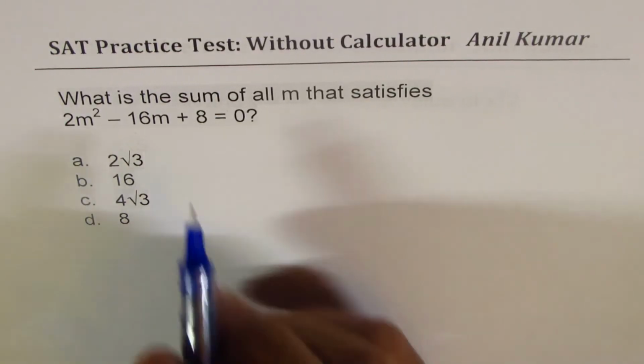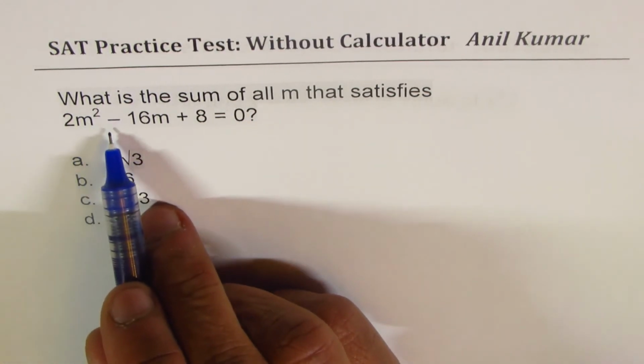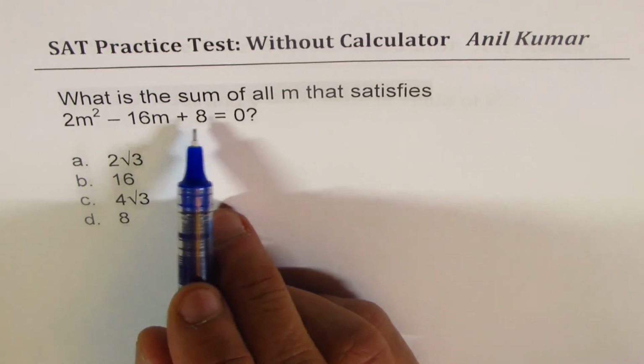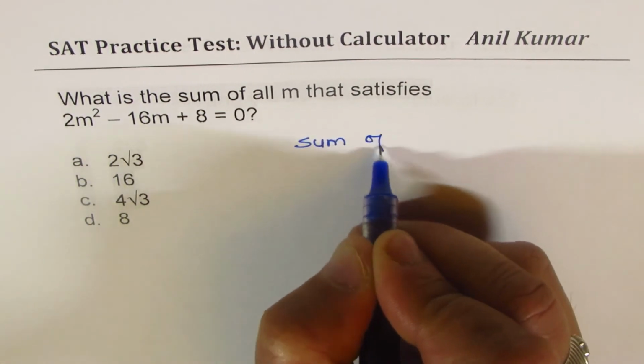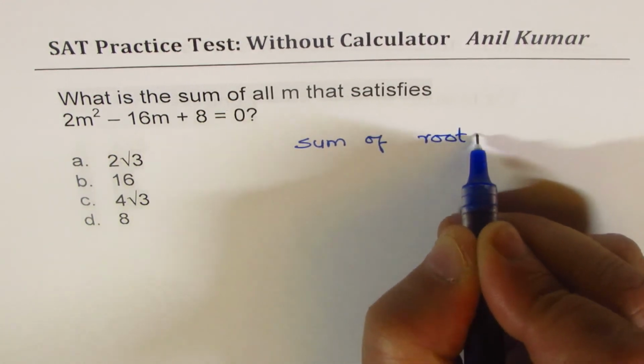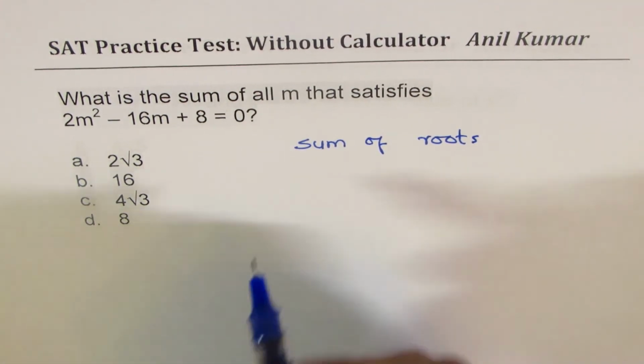Now we have, what is the sum of all m that satisfies 2m squared minus 16m plus 8 equals 0? That means we are looking for sum of roots. Is it okay? So one way, of course, is you find the roots. The other way is very simple. Let me show you.